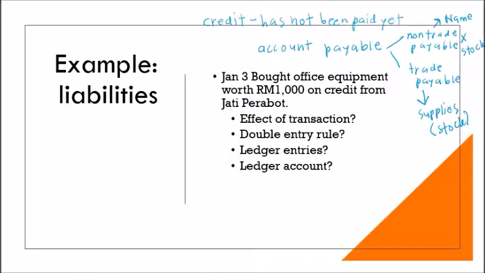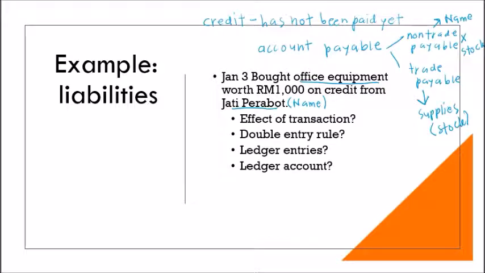So you can see from here, they bought an office equipment from Jati Perabot. So this is not a stock. So you have to write the name. This is not the business stock.